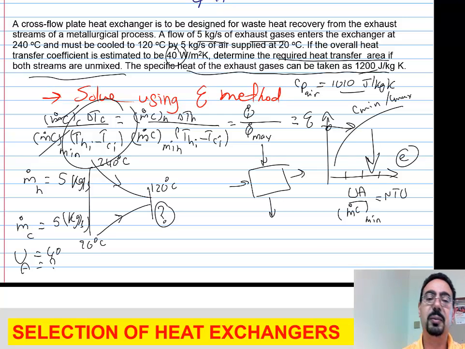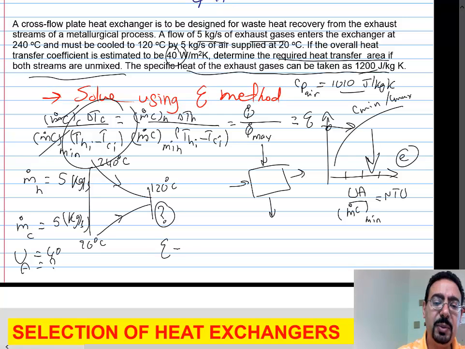Okay? So it turned out that epsilon is 6,000 over 5,050. So I end up calculating the m dot CP for both of them.